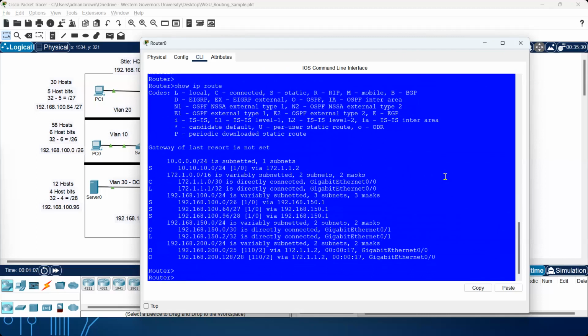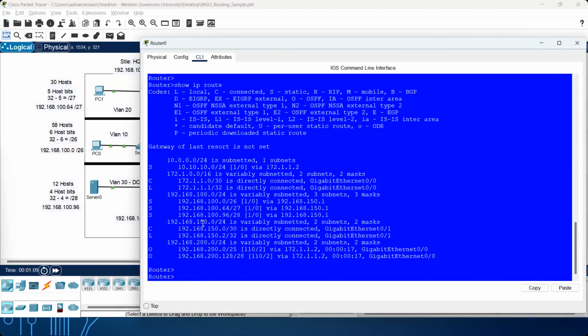All right, so when I'm looking at a routing table, on the far left, it tells me how my route was learned, okay? If I see the letter C, that means a directly connected route. If I see the letter S, that is a statically configured route. That means I put that route in there. If I see the letter O, I bet you can guess who put that there: OSPF.